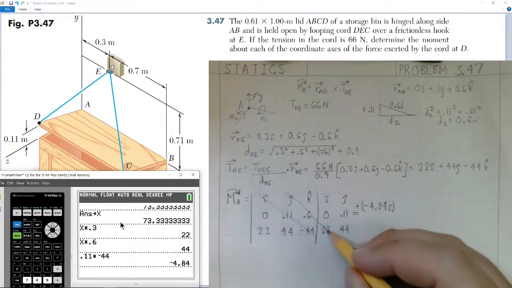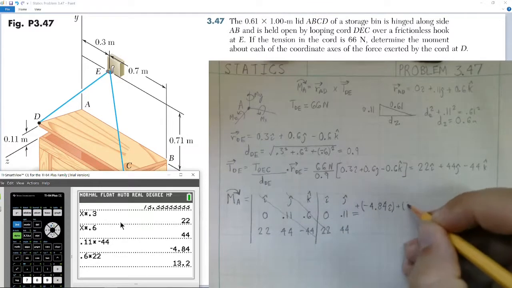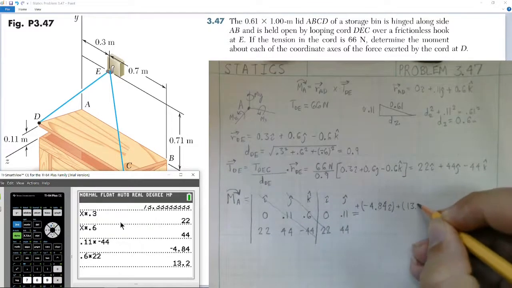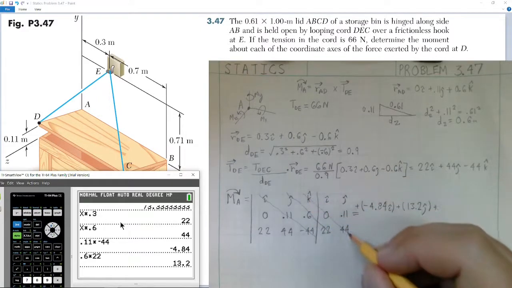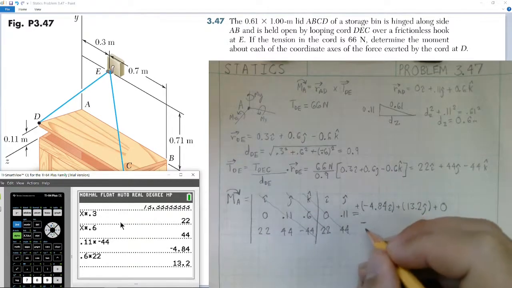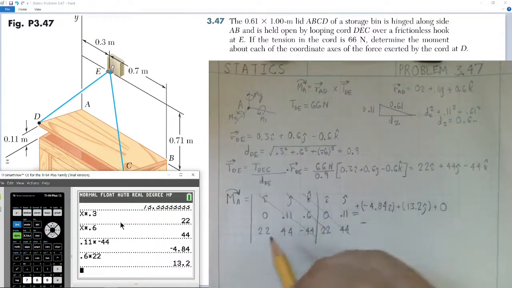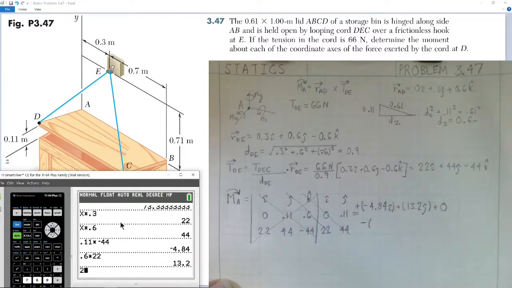Going this direction, we have 0.6 times 22, which would be plus, again, now positive 13.2 in the j hat direction. Then we're adding the last term. This has a 0 multiplied in, so this would be plus 0. Now we're going to subtract these values going up and to the right. So we're minus, in parentheses, 22 times 0.11.